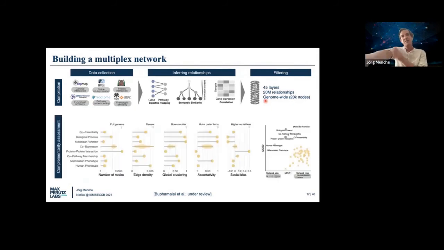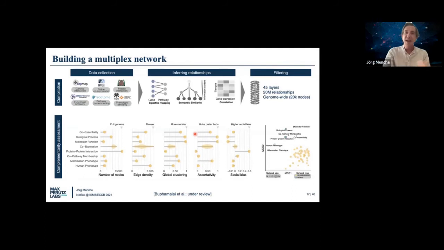So here's a summary plot of some high-level network characteristics of these network layers, and we see that they're actually quite diverse. So in terms of the size of these molecular networks, their density, the study biases they contain, which to us at least suggests that they really do contain complementary pieces of information.